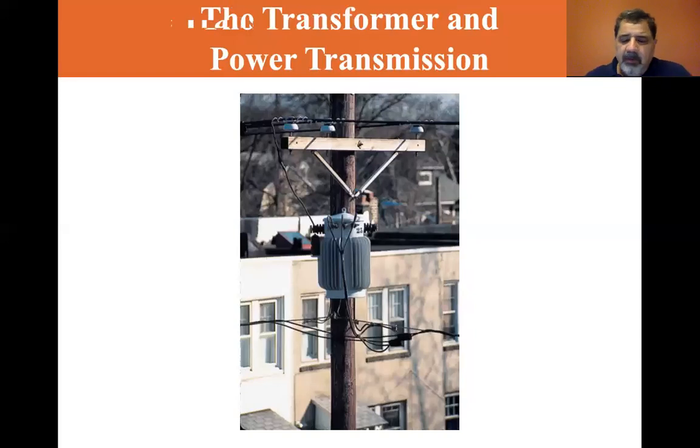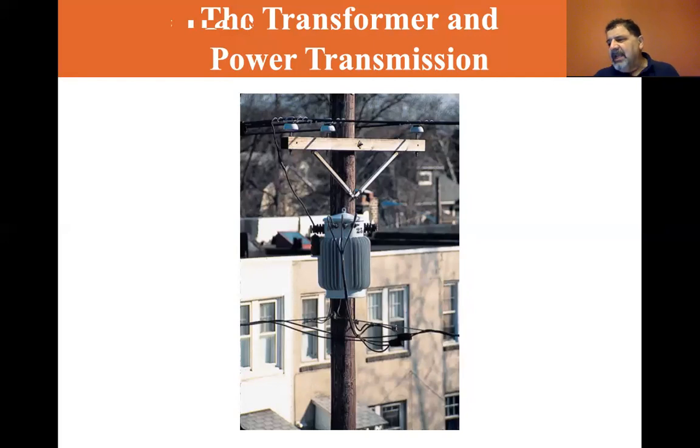So if you recall, for economical use of high voltage and low current transmission of power, to minimize the I squared R loss, the lines are commonly high voltage lines, 350 kV lines. In some areas, even 765 kilovolts are used.